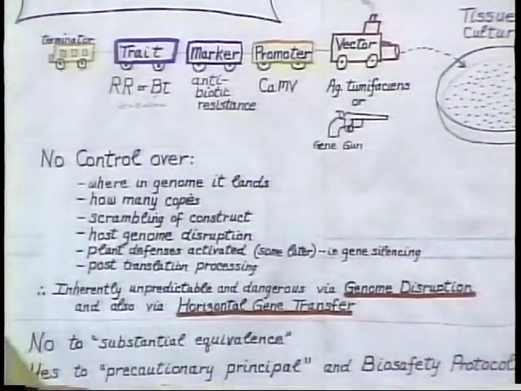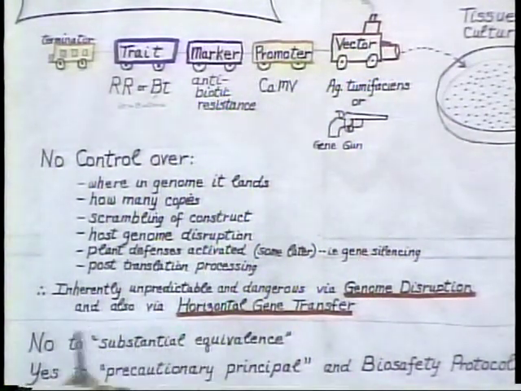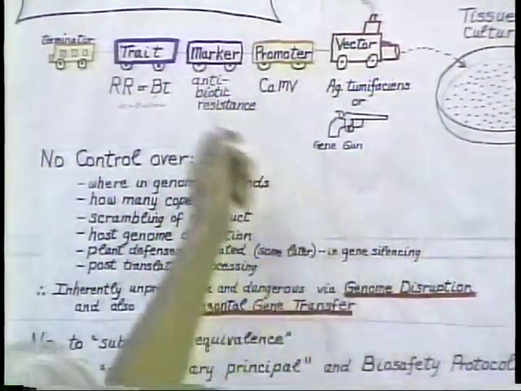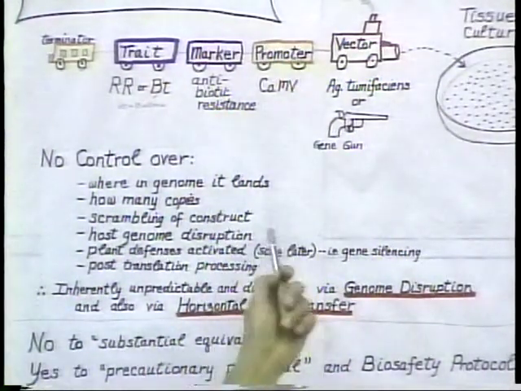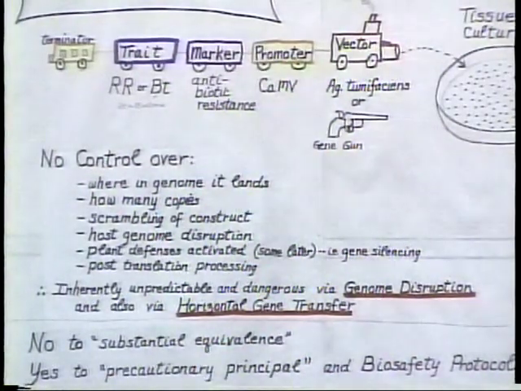So those of us who are concerned about this trend in our society say it is inherently unpredictable and dangerous. We don't know what we're doing via what I've described basically as genome disruption, but also via what is known as horizontal gene transfer.